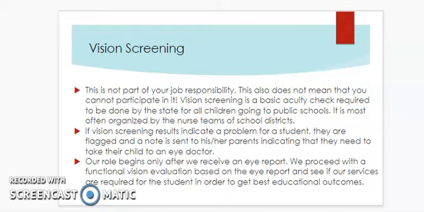So they usually do the basic acuity checks in vision screening, and it is done by the nurse teams of school districts, and TVIs are not in the picture while vision screening is done. And then if vision screening results indicate a problem for a student, then they are flagged and a note is sent to his or her parents indicating that they need to take their child to an eye doctor.